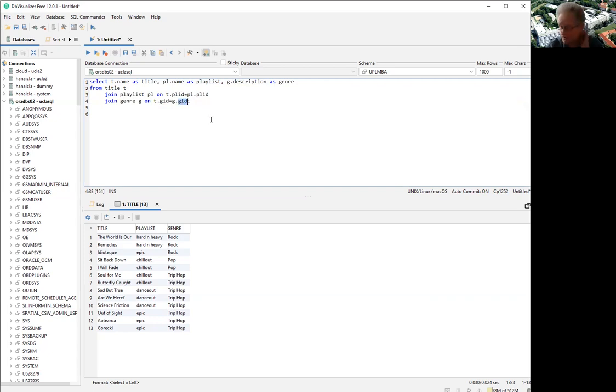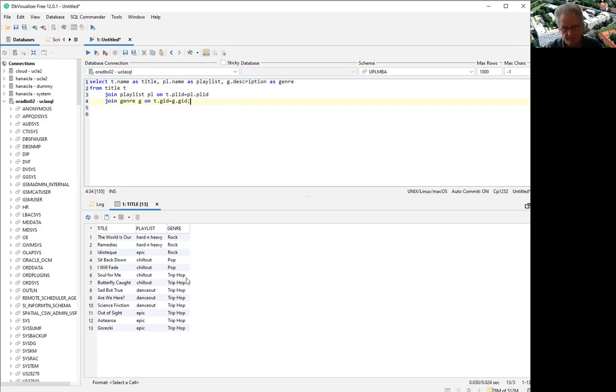That's important if you're carrying out joins, that the join condition must consider the corresponding and fitting connections.